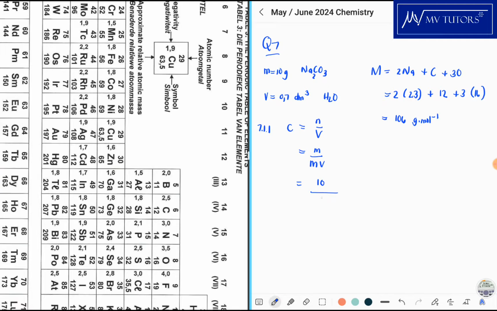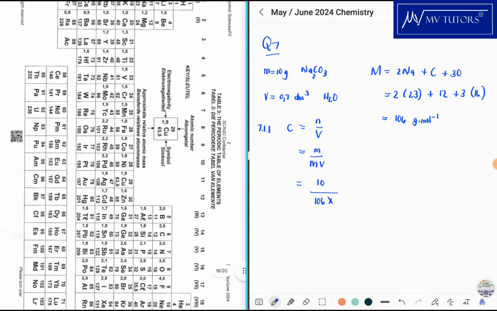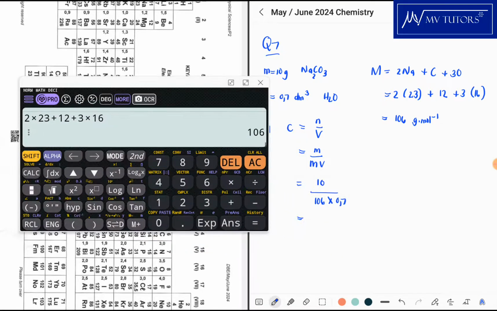All right, so that's 106, and then what's the volume? Let's just go back. It's 0.7. Okay, so now we can get the concentration, which is 10 over 106 times 0.7.